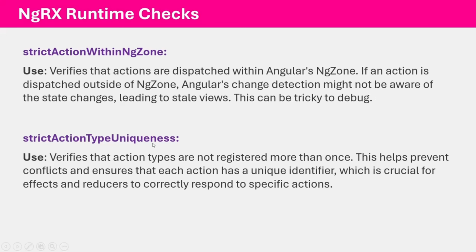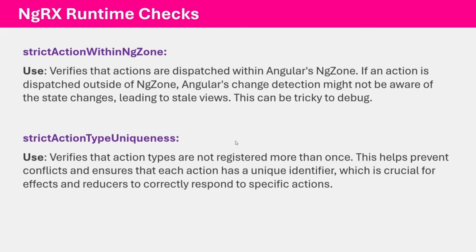Then strict action type uniqueness verifies that action types are not registered more than once. If you remember, whenever we create an action, we use the createAction function, and there we pass 2 arguments. The first argument is the type of action, where we specify a string value, and the second argument is the optional payload argument.